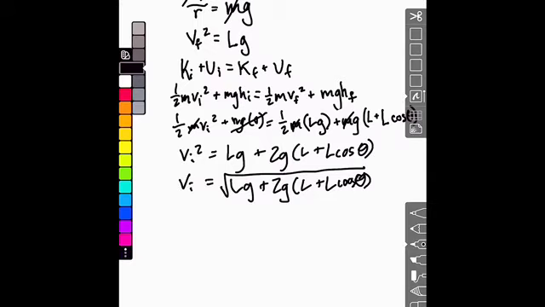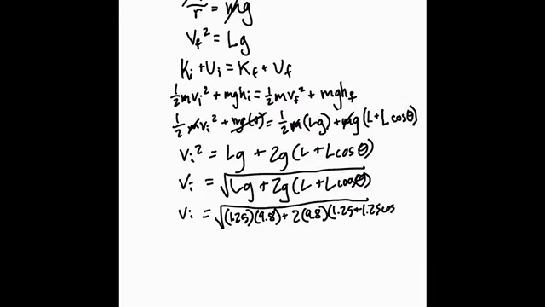And then from here you can just plug in the values that you're given from the problem. So in order to solve for initial velocity, you know the length is 1.25, gravity 9.8, again gravity 9.8, and then 1.25 plus 0.25 cosine, and the angle is 40 degrees.